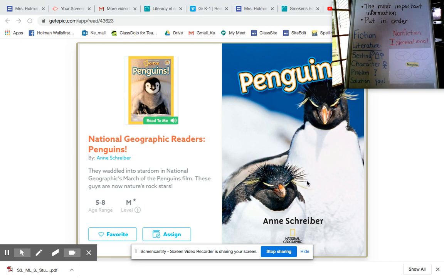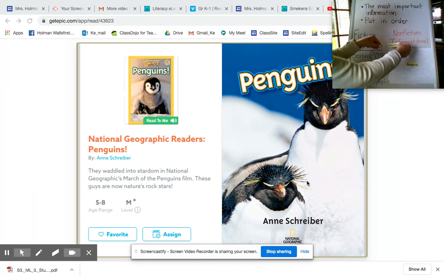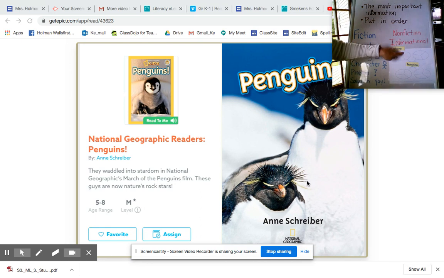So in this book, Penguins, it has different topics. One of the first topics we're going to talk about is where. Where can we find penguins? So I'm going to put that up right on the top of this oval. And notice how the oval's divided into sections.